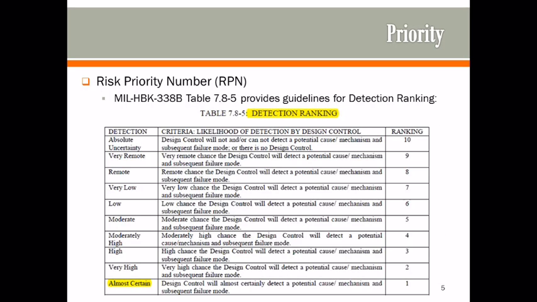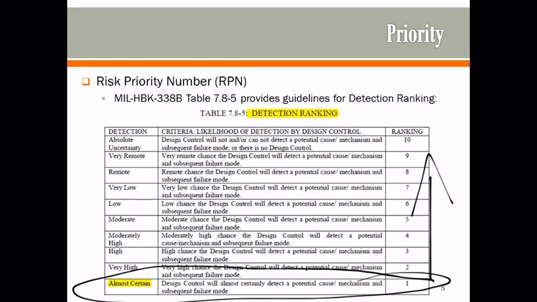Here's the chart, or the table, out of the MIL HBK 338B. These are the detection ranking guidelines. It's the third and final element of the RPN calculation. And the question that we're asking ourselves here is, how likely is it that the failure will be detected before it fails? All right, 1 is almost certain detection.